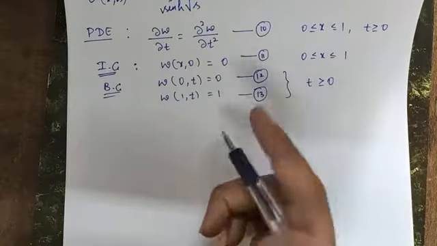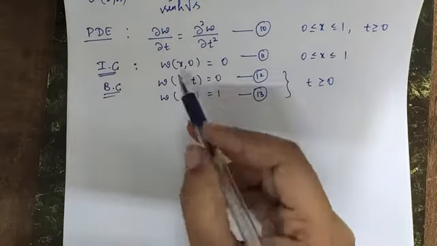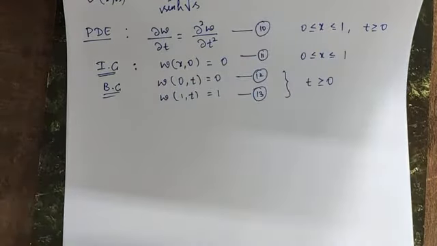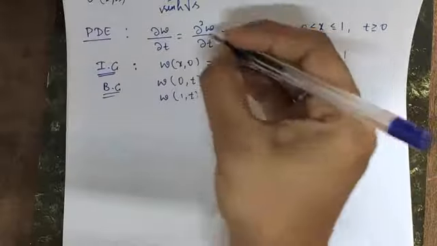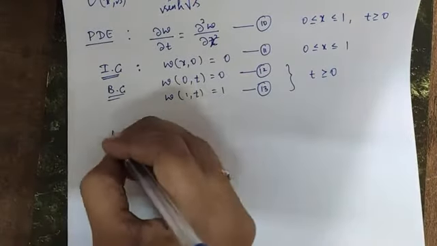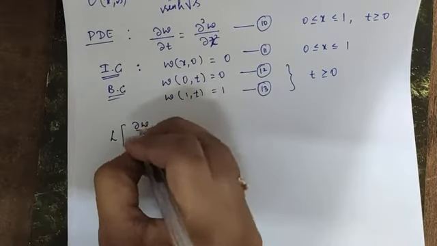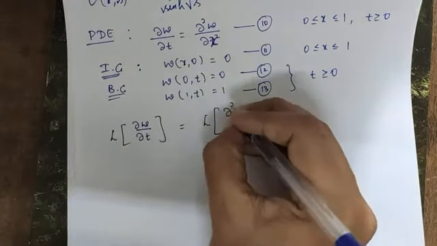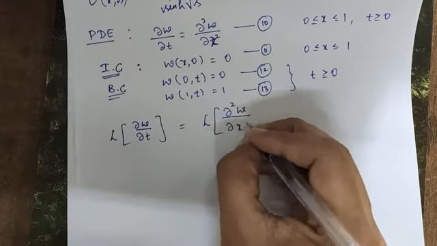So now let's find the solution for this, again using Laplace transform on both sides with respect to t. I should apply Laplace of dou omega by dou t equal to Laplace of dou square omega by dou x square.